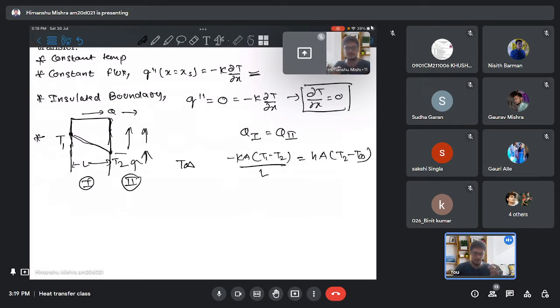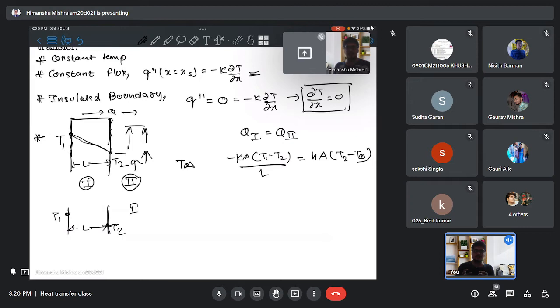Similarly, let's say I have a radiation heat transfer instead of this convection. Let's say I have the same wall with the same specification, and there is radiation in region 2. Radiation heat transfer will be dominant if the temperature at the right side of the wall is higher.